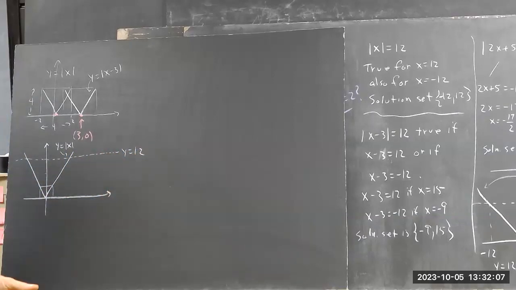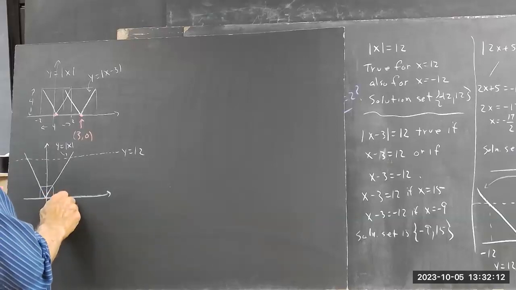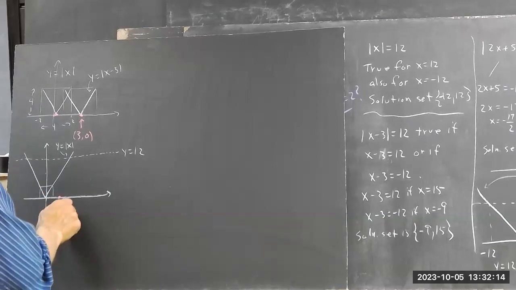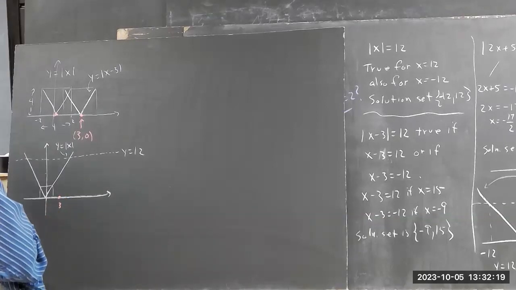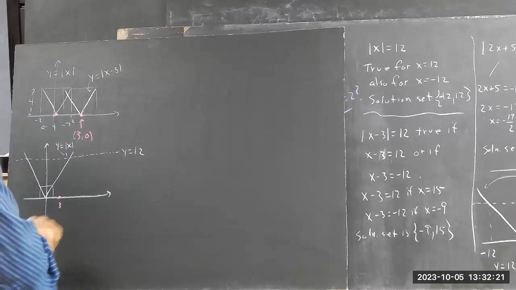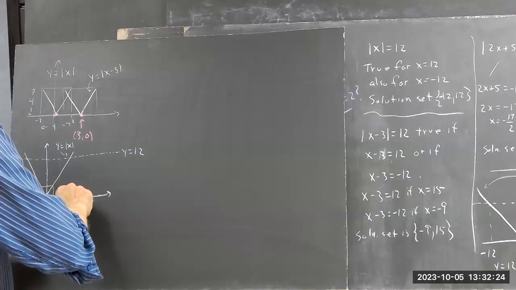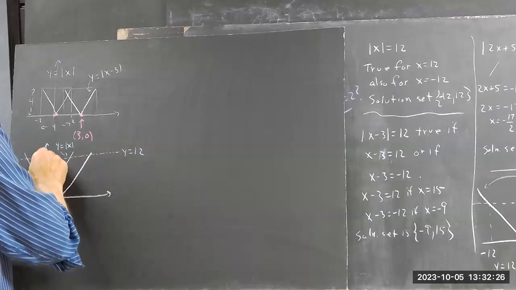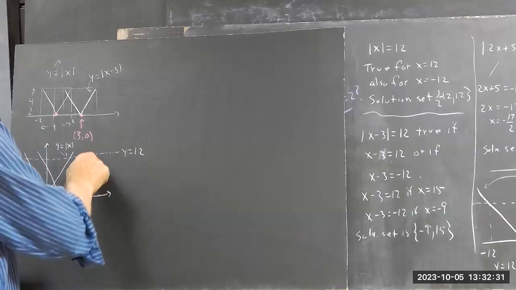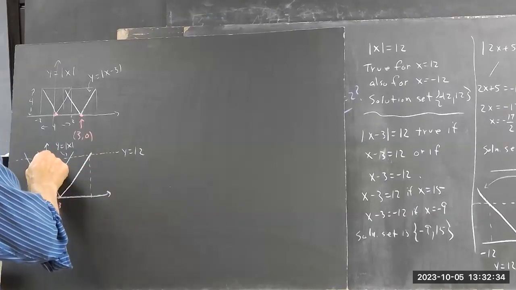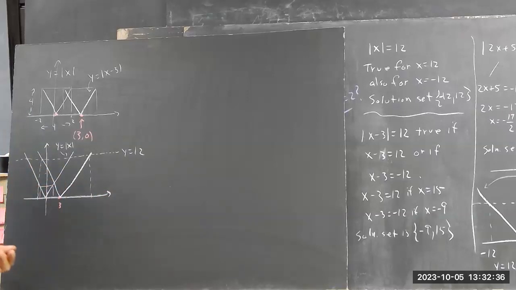I draw the line y equals 12, and then I move 3 units to the right. X equals 3 here. And I sketch it right out kind of badly. And I can see where my values of x are.